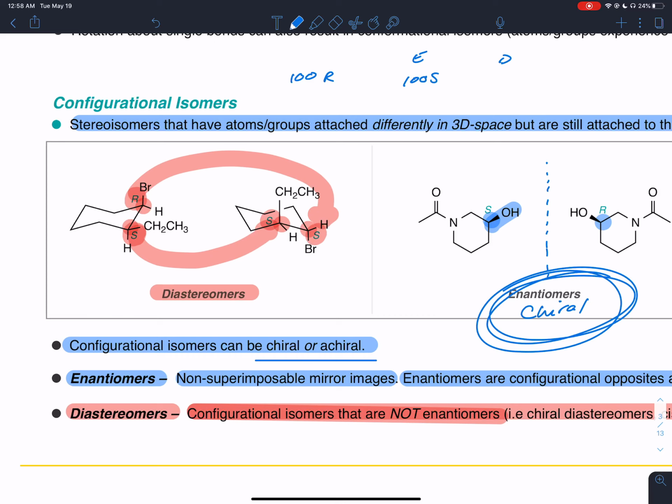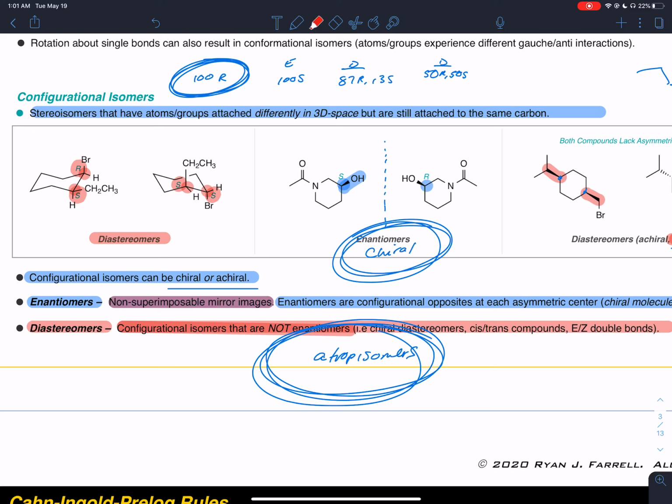That's not always the case. So I want you to think: enantiomers, usually if there are configurations, will be configurational opposites. But the true definition of enantiomers is that they are non-superimposable mirror images. At the end of the day, if a molecule contains asymmetric centers, we can use R and S to our advantage. That's why I stressed R and S so heavily in our intro videos here, because we can use it to our advantage to determine the relationship between two compounds.